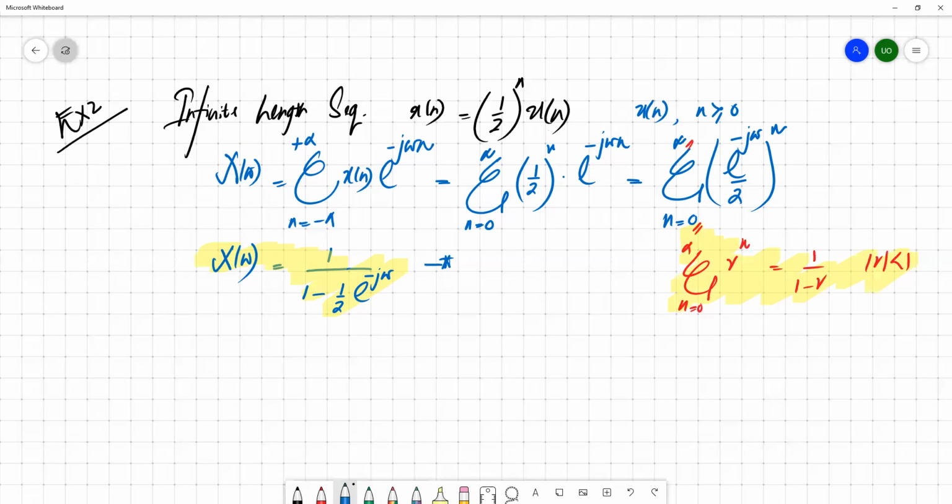Then you are asked to evaluate the Fourier transform of this function, X tilde(omega). Now this x tilde is this.